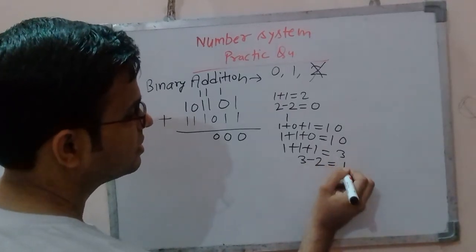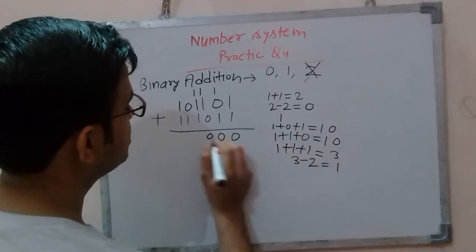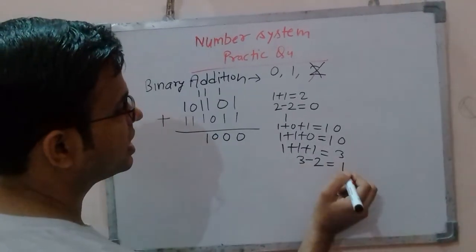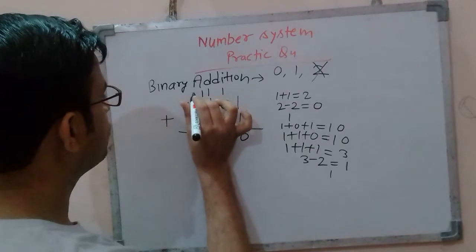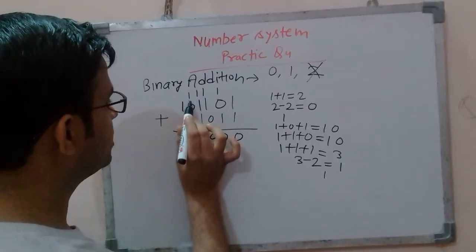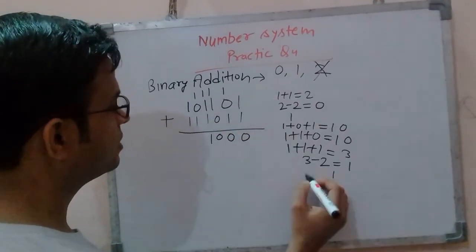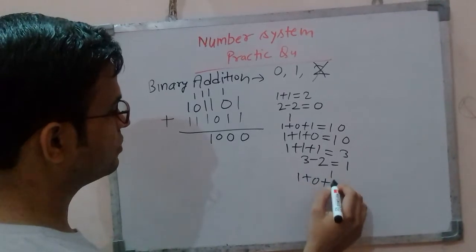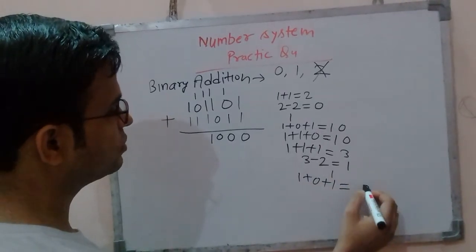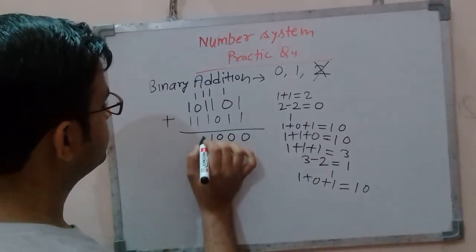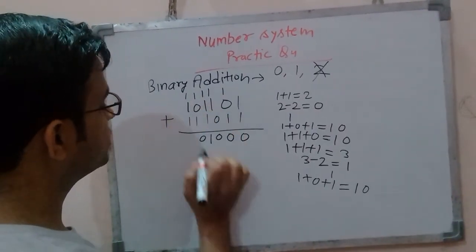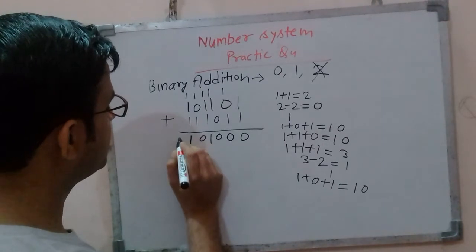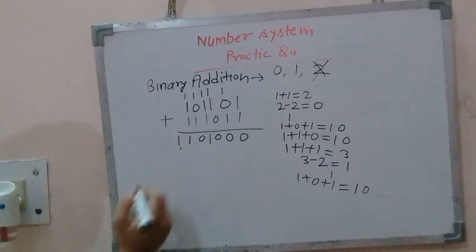That means 1. So sum is 1 here and carry is 1, right? So 1 carry will come here. Now 1 plus 0 plus 1, again you will get 0 sum and 1 carry. Again 1 plus 1 plus 1, you will get 1 sum and 1 carry, right?